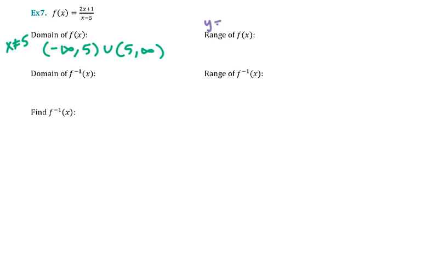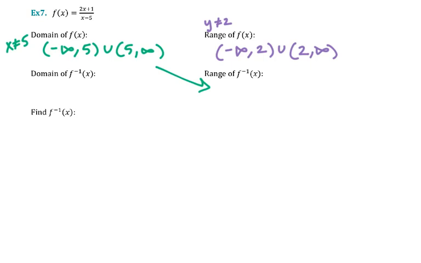So in this case, y cannot be 2, and my range is negative infinity to 2 union 2 to positive infinity. And I encourage you to pull this up, plug it in your calculator, make sure you know what it looks like. But it does have a horizontal asymptote at y equals 2 and a vertical asymptote at x equals 5.